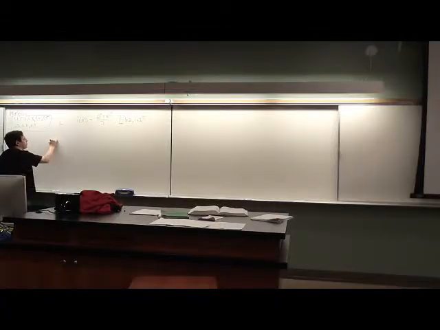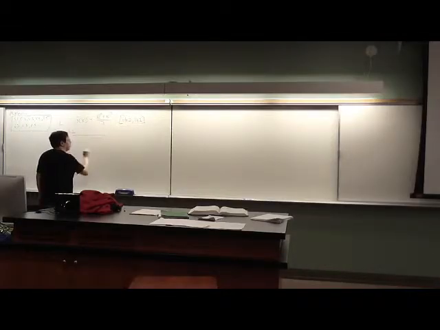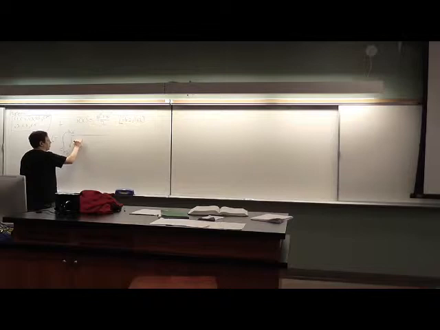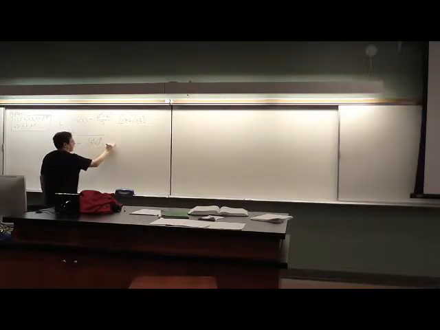Our formula says this should be the integral from negative log of 2 to log of 2 of the square root of 1 plus the derivative of our function squared.